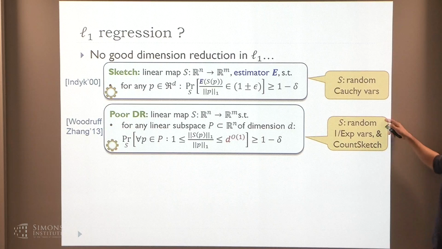It is a map which combines ideas of multiplying by 1 over exponential random variables and the count sketch that I mentioned on the previous slide that was used for L2.